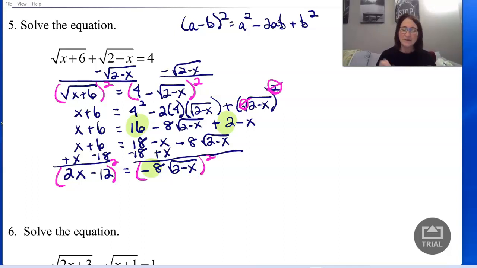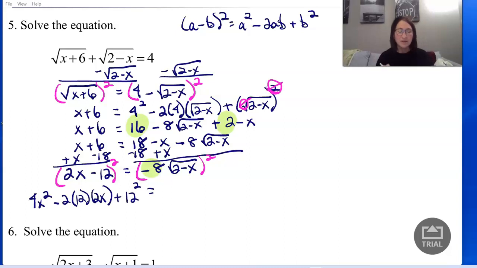So that is going to give me, on the left, another binomial squared that is going to multiply out to a perfect square trinomial. So 2x raised to the power of 2 is going to give me 4x squared minus 2 times 12 times 2x plus 12 squared equals, now I need to square that -8.